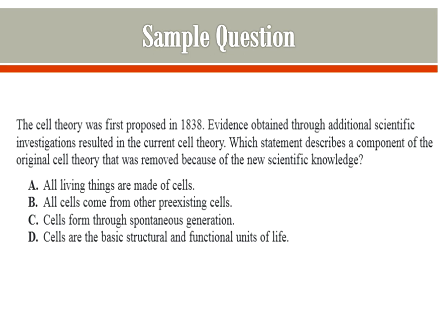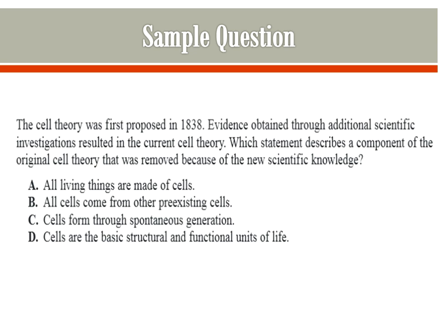All right, so we're going to start this with the polling. Let me just set that up. A through D. All right, so you're going to use the little letter A above my name, or in between my two names, and you're going to choose A, B, C, or D. So it says the cell theory was first proposed in 1838.